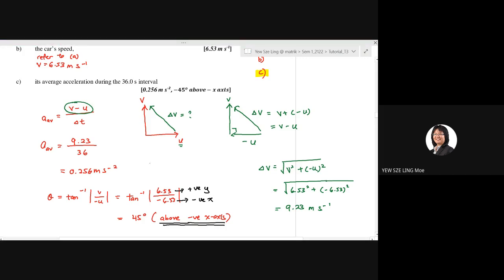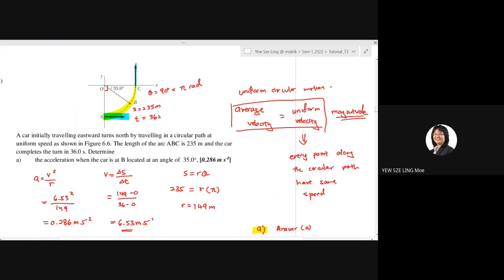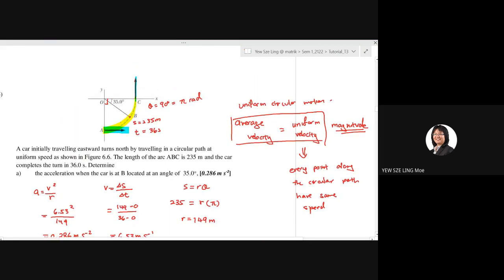So if you place this delta V, this vector actually has a meaning. This green delta V, if you put this vector back into your diagram above, well, average means we are going to take the center. So if you place it back above here, this actually represents the direction of average acceleration AC.